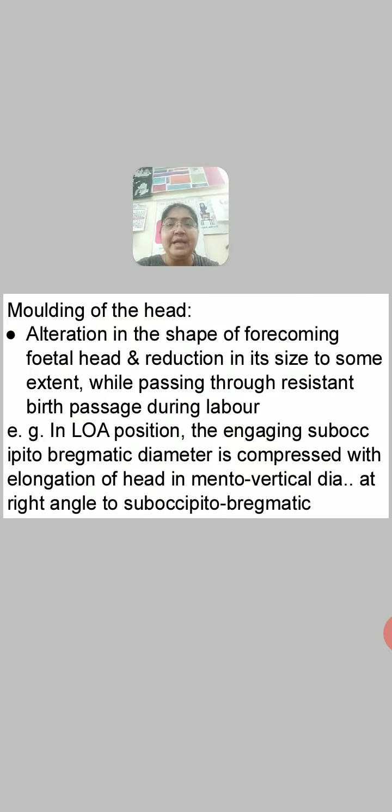From the front and from the posterior side, from the occiput and from the frontal bone, compression occurs inside. So elongation occurs in this direction. You can see the dotted line that shows the elongated head direction wise, right? So here you will find suboccipitobregmatic diameter changes to mento-vertical, right? It is at right angle to suboccipitobregmatic.